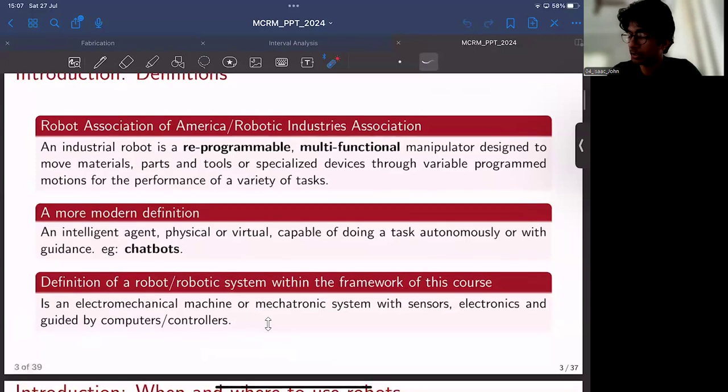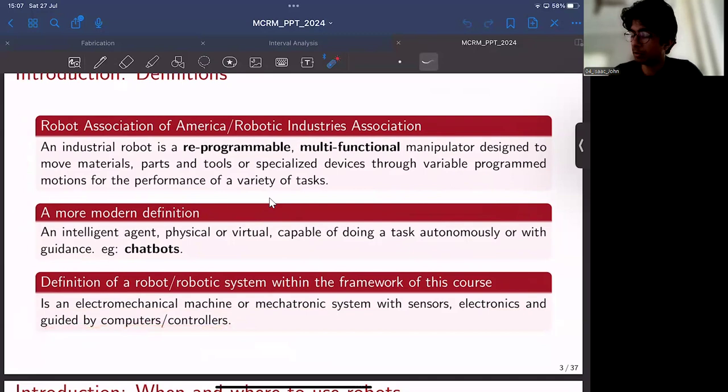So, keeping all these definitions aside, what we are dealing with in this course, the definition of the robot that holds for this course, is as follows. A robot is an electromechanical machine or mechatronic system with sensors, electronics, and guided by computers and controllers.